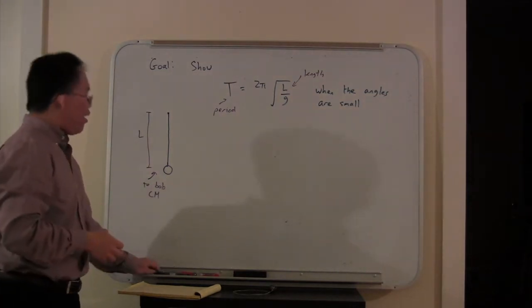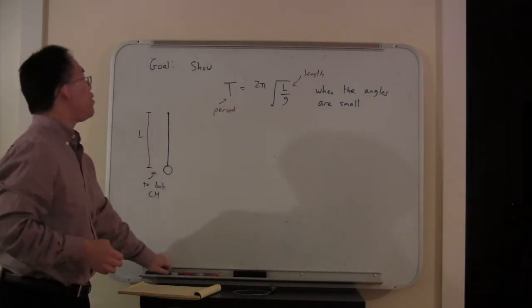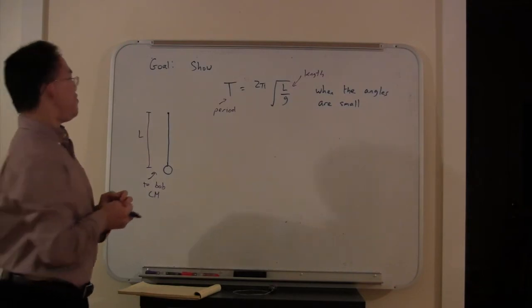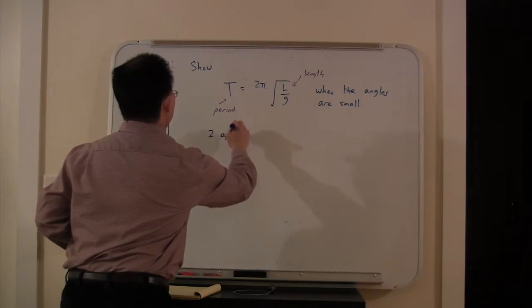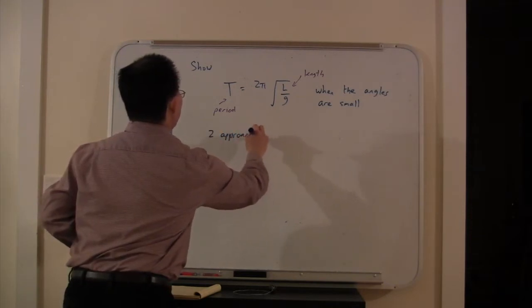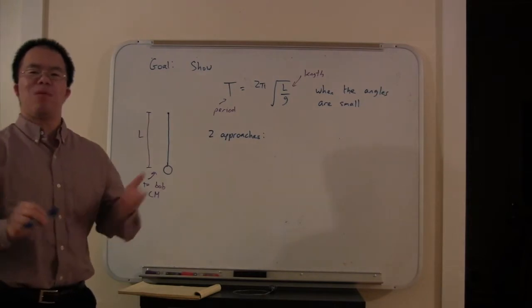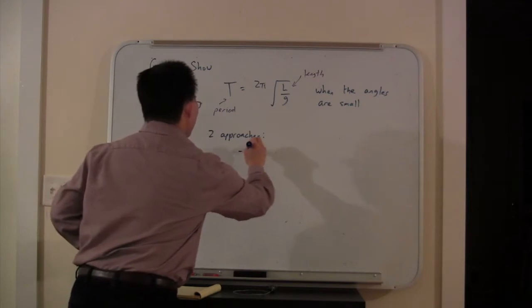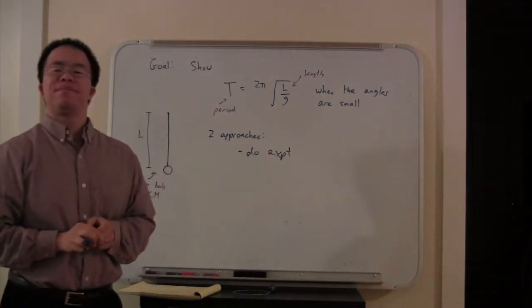Now, there are 2 ways we could try to establish why this equation might be valid. In some ways, the more fun one is the one that we're going to do together. That is, doing an experiment.